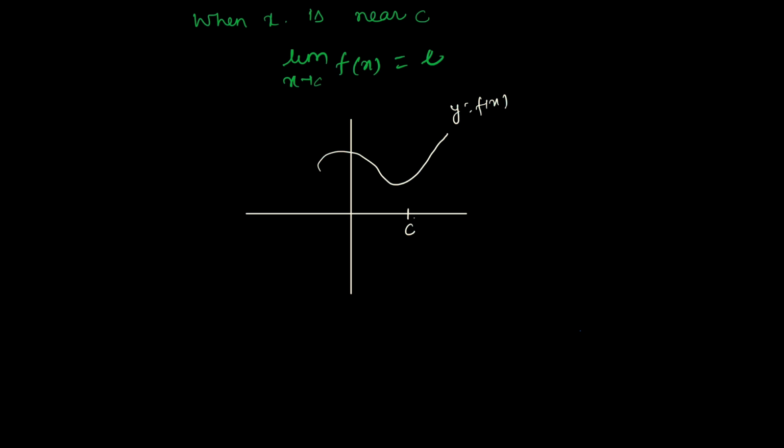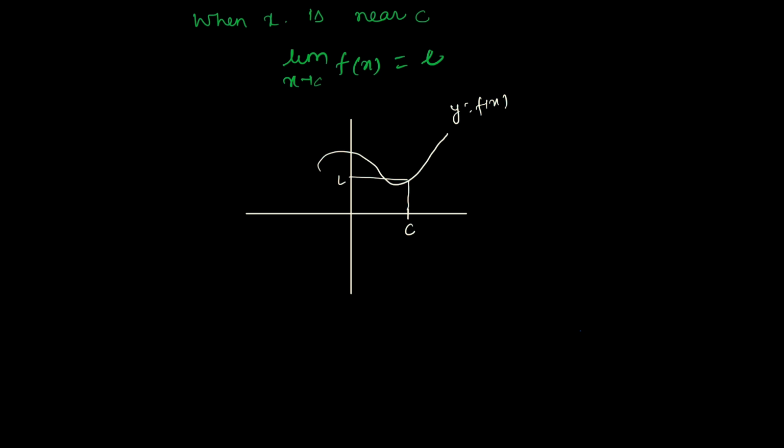Now we want to compute the limit as x tends to c, where our function approaches L. Suppose we have a function f(x) and we want to compute the limit of this function as x approaches c.